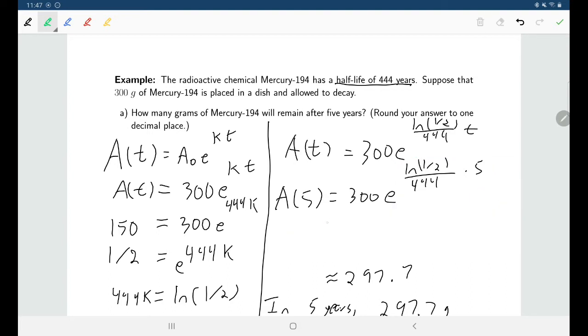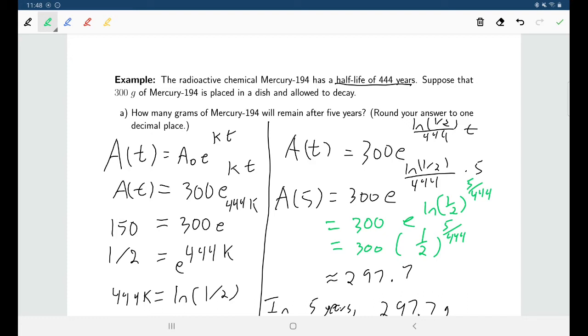You could say, well, really what we have here is 300 e to the power of natural log of 1/2 to the power of 5 over 444. And e to the power of natural log, those are inverses of each other, so they would cancel each other out. You should be left with just that power, 1/2 to the power of 5 over 444. So if you feel like doing this little extra simplification to make your calculator work a little easier, you can, but of course you don't have to.